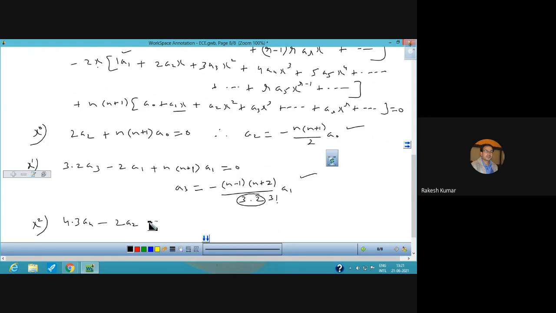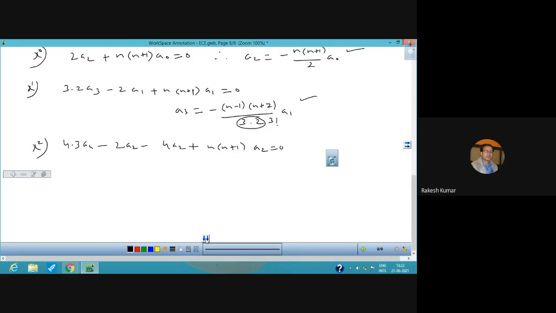Similarly, minus 2a2 minus 4a2 plus n into n plus 1 into a2 is equal to 0. And you will be able to find out the value of a4, that will be negative n minus 2 n plus 3 divided by 4 into 3 a2.